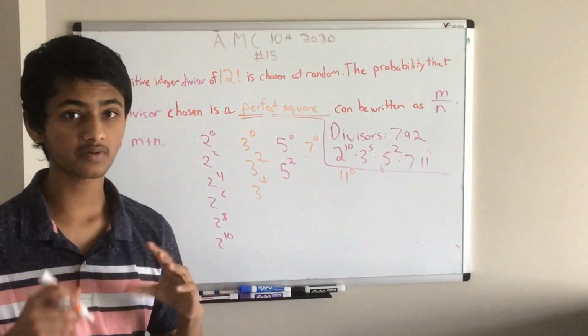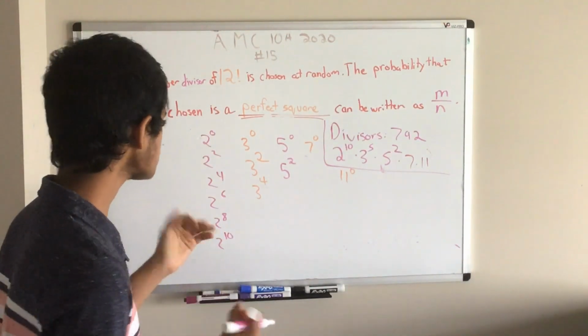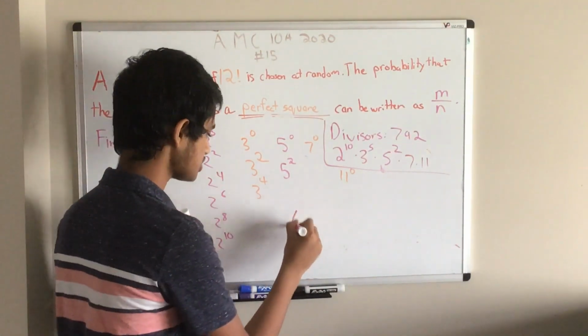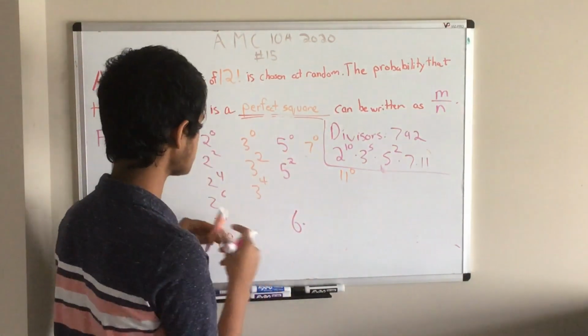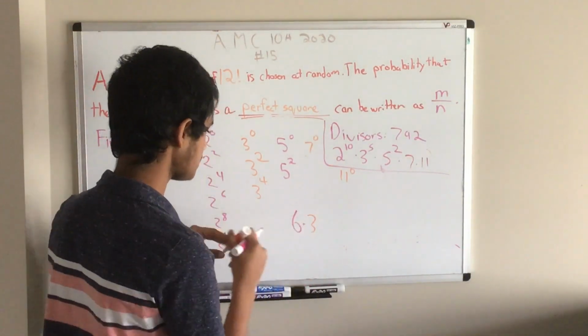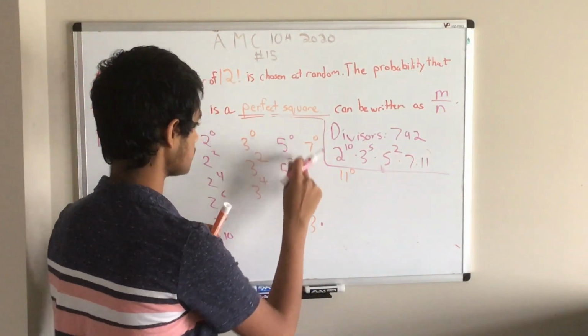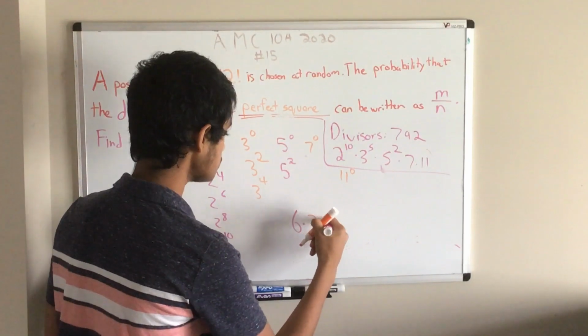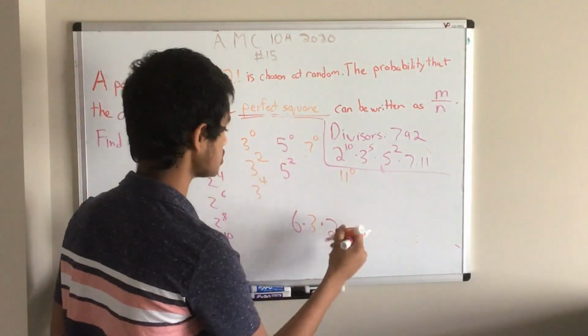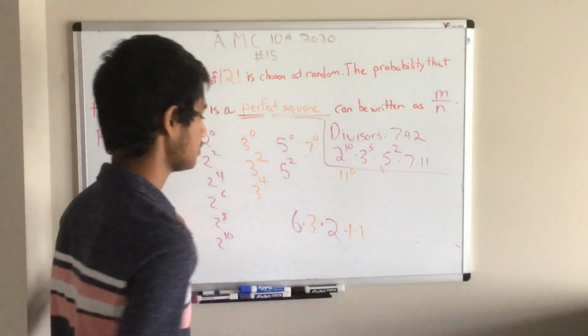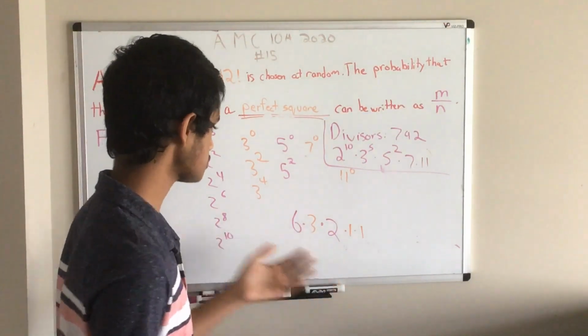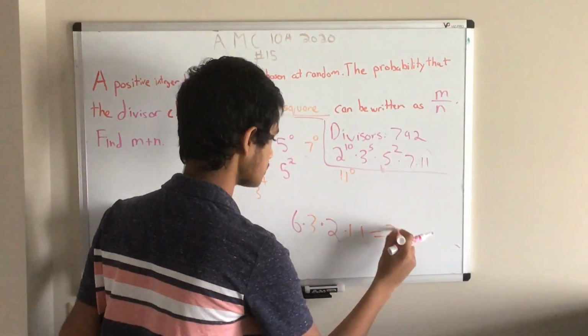So, do you know how we could rewrite choosing from that many choices? Well, easy. It's just going to be 6 times the number of choices here, which is 3, times the number of choices here, 2, times the number of choices here, which is just 1, times 1. And 6 times 3 times 2 simplifies to 36.